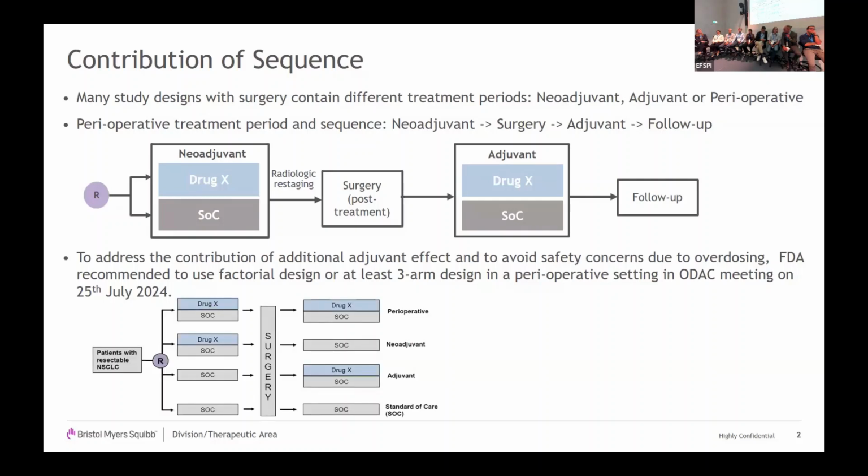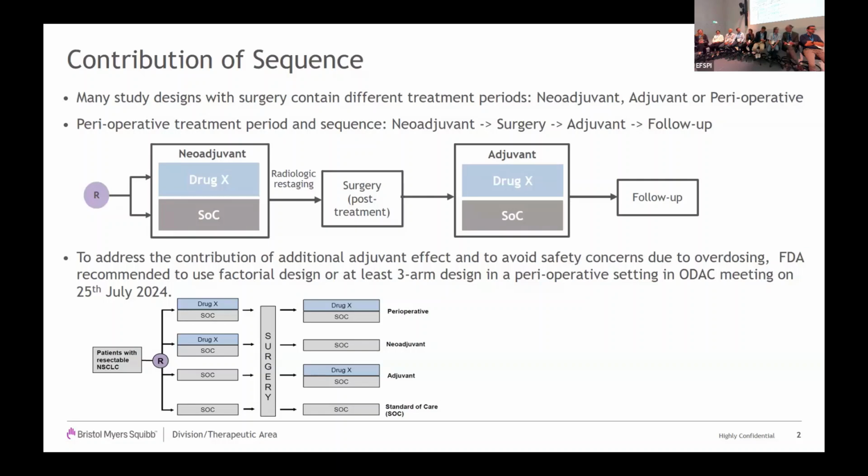They clearly mentioned that they would recommend a multi-arm study for the different treatment sequences. They would prefer a factorial design with four arms, including the perioperative arm, which is our tested treatment, and then they also want to include the neoadjuvant-only arm and the adjuvant-only arm, compared to the control arm.